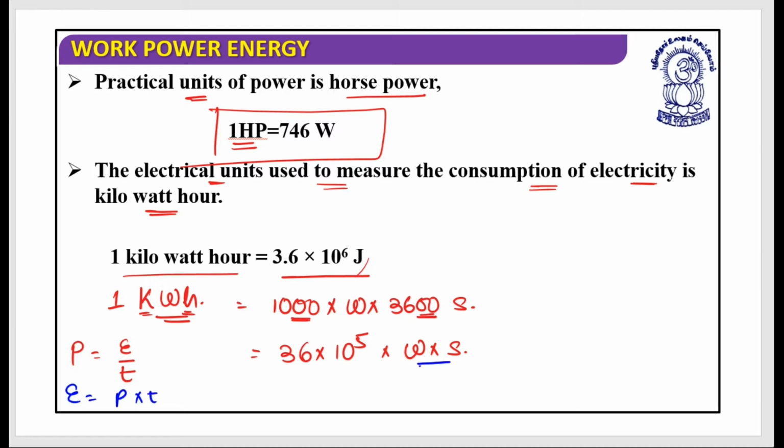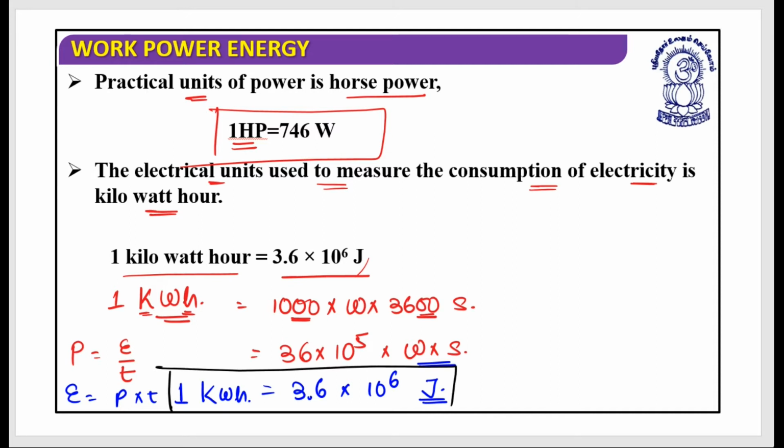Watt second is energy, so this can be written as 3.6 into 10 to the power 6 joule. This is 1 kilowatt hour, which can be represented as 3.6 into 10 to the power 6 joule. I hope this is clear.